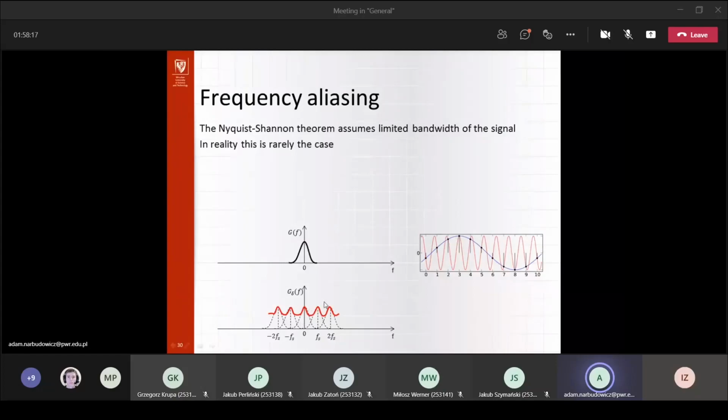So this is your origin, the spectrum of your original signal. And when you add the discrete interpretation of the signal, you create all around the spectrum multiple copies of this.